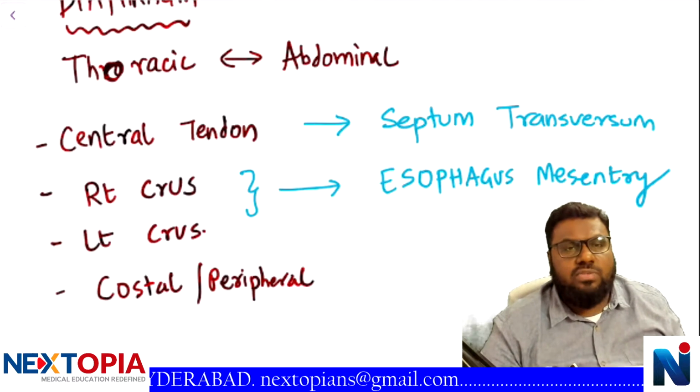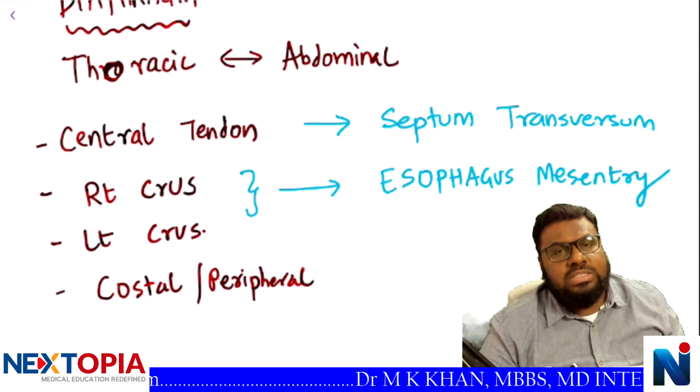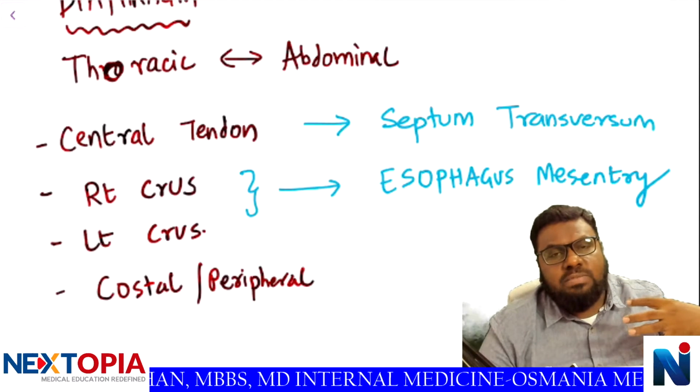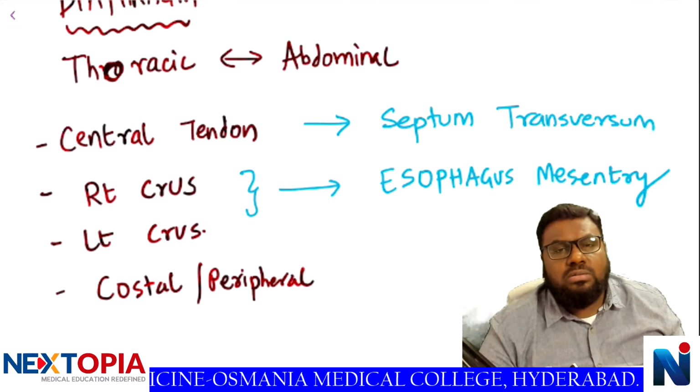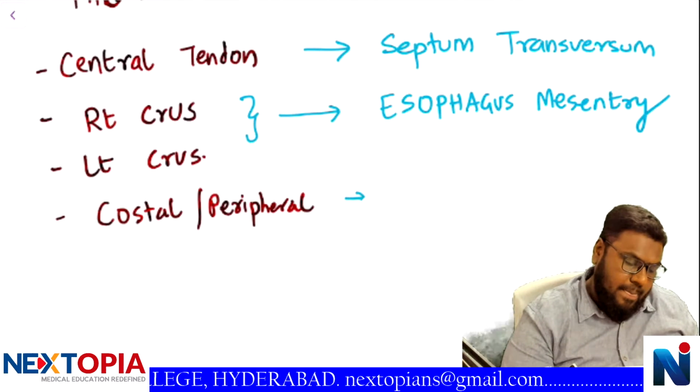Whereas the costal parts, the peripheral parts, are the growth of muscle of mesodermal origin from the external body wall, called the pleuroperitoneal membrane.